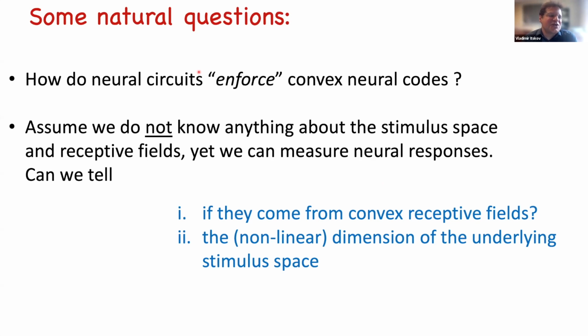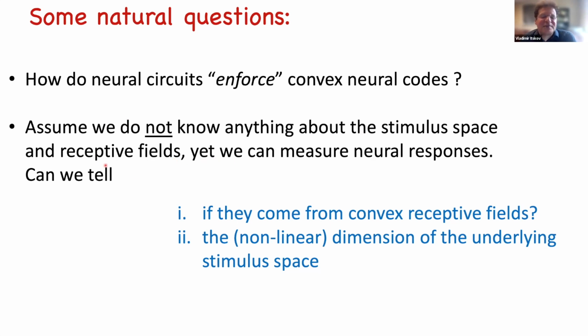Here is a natural question: how do neural circuits enforce convexity of neural codes? That's question number one, which I will attempt to answer. And question number two: assume we don't know anything about the stimulus space and receptive fields. So let's say we are not in hippocampus, where quite a few things are known, but in some lesser studied neural system, let's say olfactory bulb.